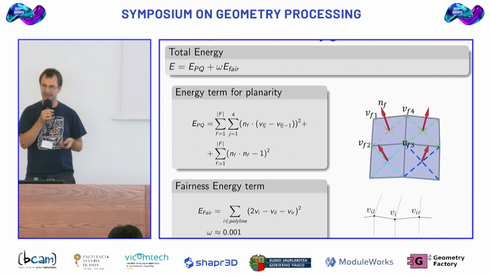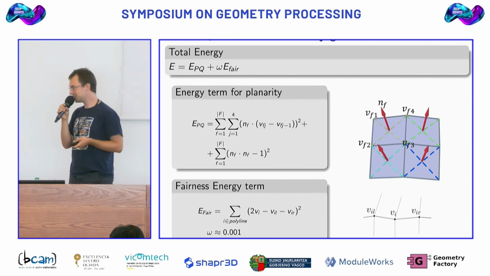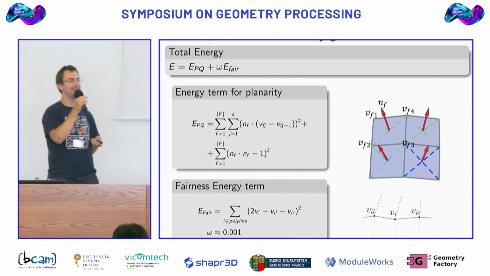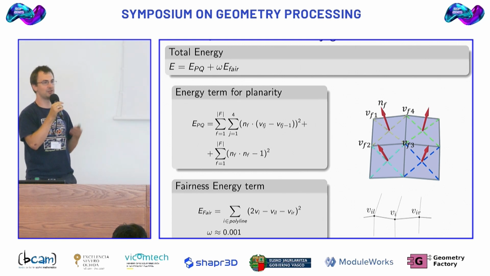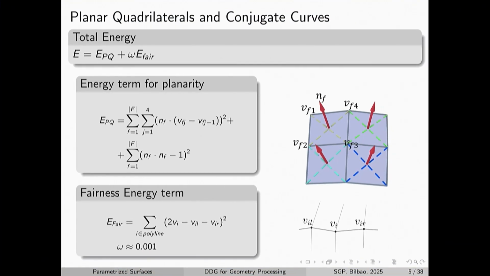Okay, if you remember the very nice talk about convex optimization problems that we heard yesterday, you maybe remember that in these optimization problems, sometimes the challenge is the initialization. And this is the case here as well. So how do we initialize our quad mesh?